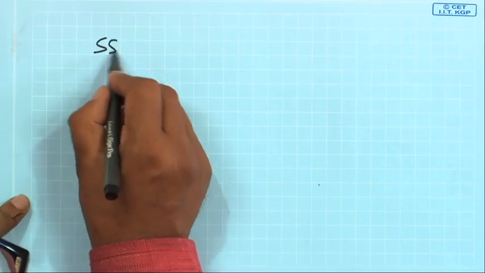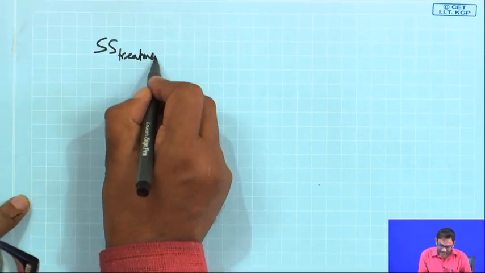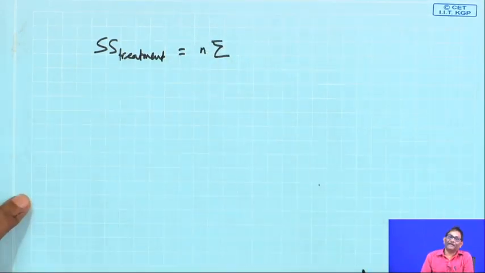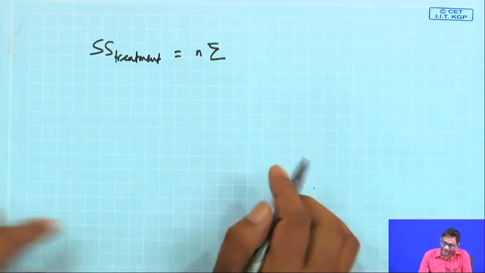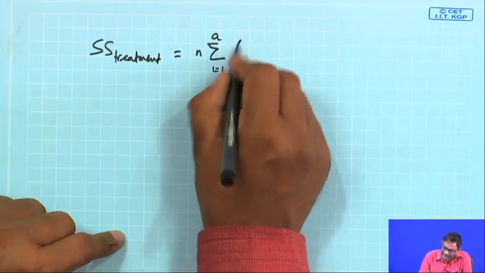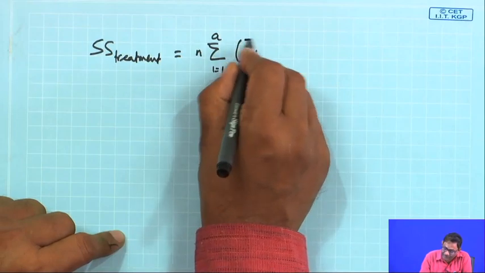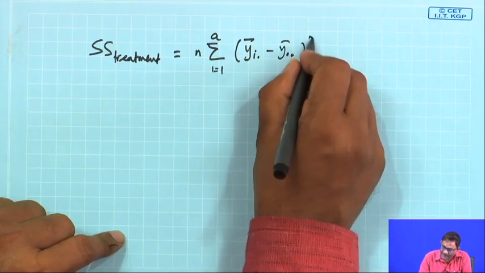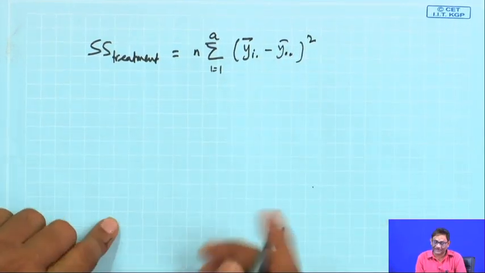Now, similarly, you can compute SS treatment. In SS treatment, you have n replications against each level, i equal to 1 to a, different levels. For every level you have the average, then minus the grand average, and this is squared. This is what we have seen in the last lecture.